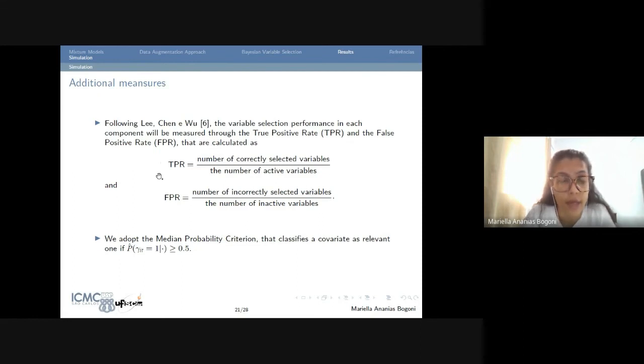So values of TPR close to 1 and FPR close to 0 indicate a good performance in the variable selection. Finally, we adopt the median probability criterion to select the relevant covariates. This criterion classifies a covariate as relevant if the posterior probability of keeping that covariate in the model is greater than or equal to half.